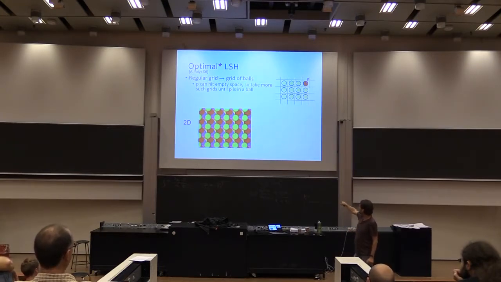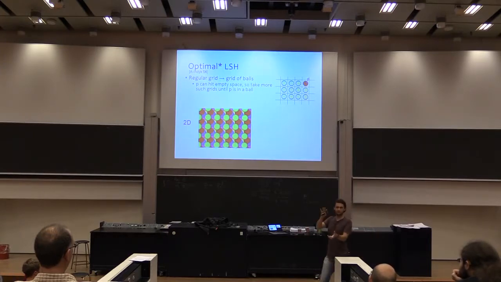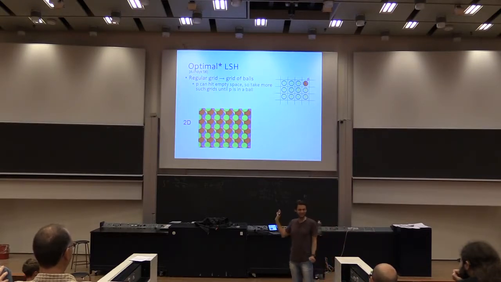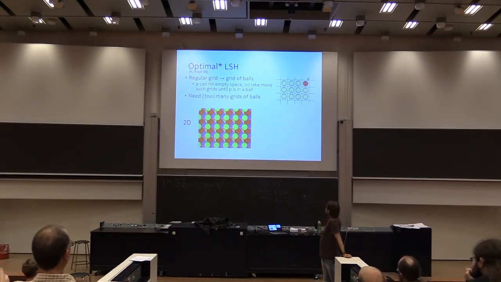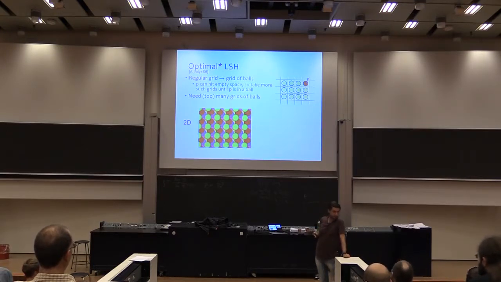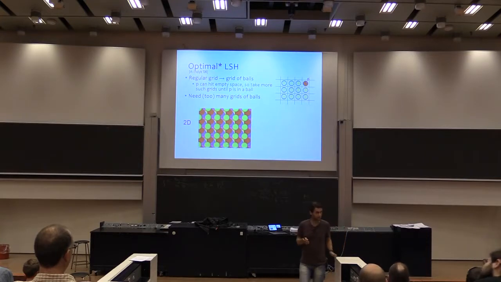When we were generating these pictures for this paper, we actually tried to do this in three-dimensional space. And it looked very nice, these balls, and how we carve out the space, except it started looking a little bit too psychedelic, so the two-dimensional space actually looks a little bit better, right? Anyway, so how many grids of balls do we need to cover the space? It turns out that many. And this many is exponential in the dimension.